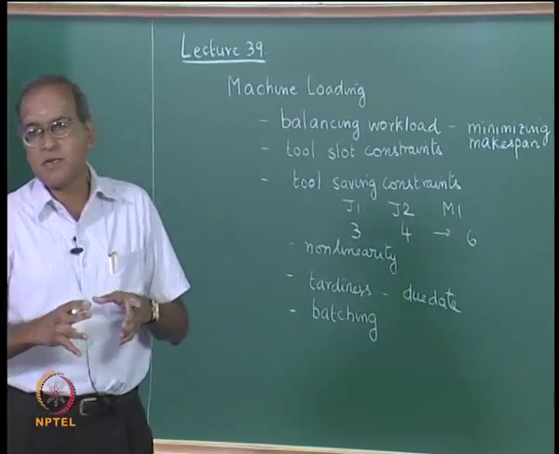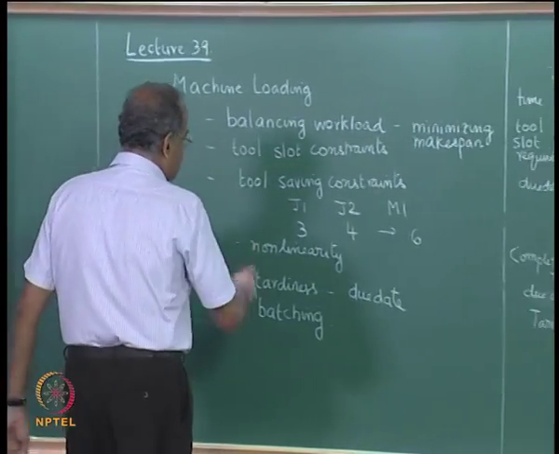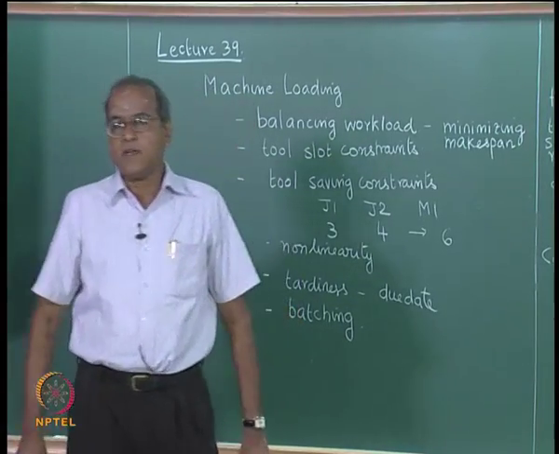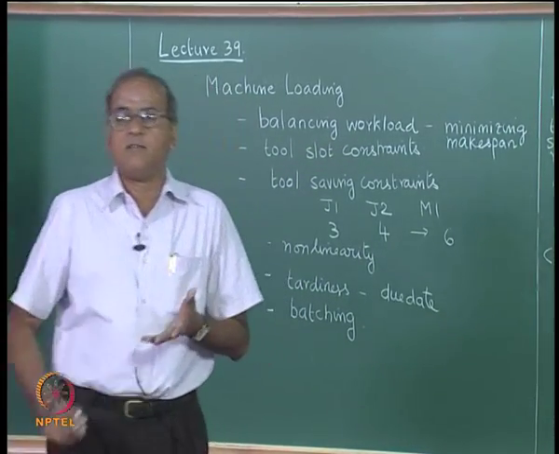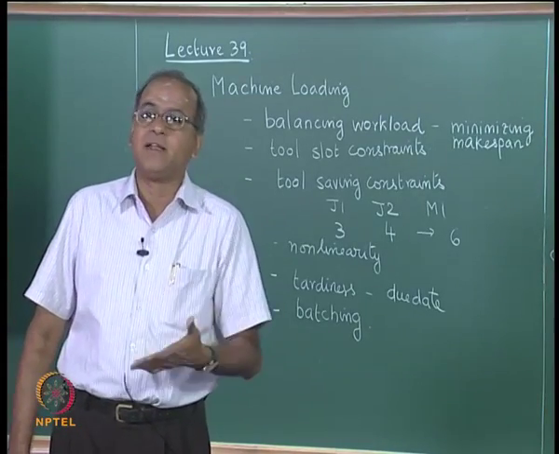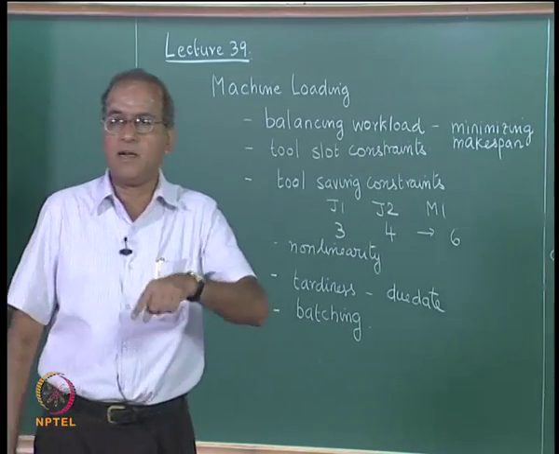So, the optimization problem becomes complex, and as mentioned, the moment we bring in the tool slot saving constraint, the non-linearity creeps in and it becomes very difficult to solve as an integer programming problem or a binary IP, because it is non-linear. So, it becomes a binary non-linear IP.